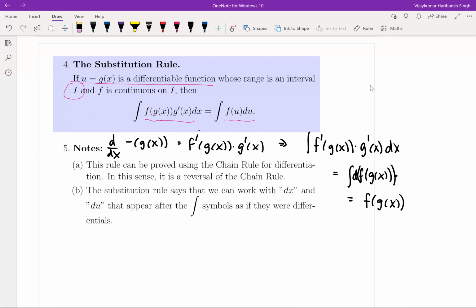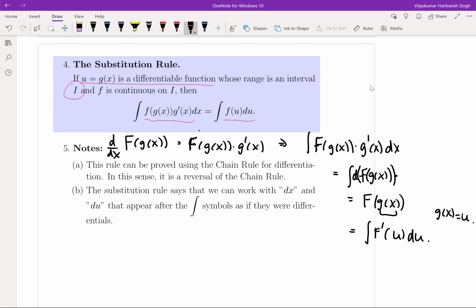If I replace this by capital F, then that is the same as the integral of the derivative of this guy with respect to u, du, where g of x equals u. Okay. So this is how the game is played. All right.